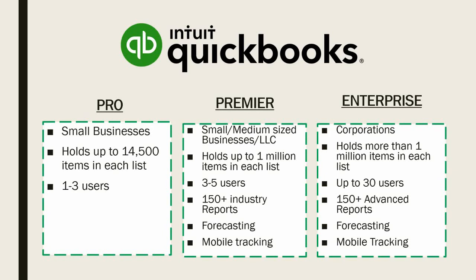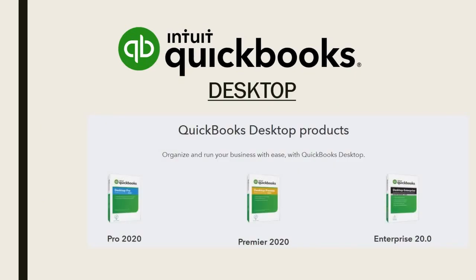Now, all of these three things, right? In the previous one, I actually cut the price tags off of these because every year that we have QuickBooks, there's going to be a new price tag. So it is a one-time fee. What you're essentially doing is buying the actual program.